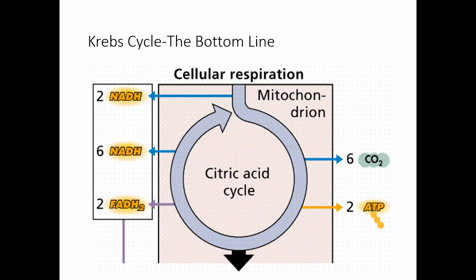So the practical side of this is that this is where our CO2 comes from. Yes, we've got lots of high energy electrons, and those are going to be very important to us in a minute. But from a practical standpoint, the reason that we breathe rapidly after exercise is not to get more oxygen.